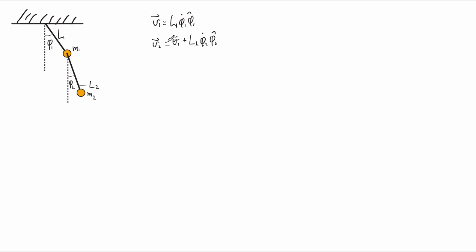It's not entirely easy to work with these, but we don't have to, because we're trying to calculate the kinetic energy, so we can just work with the squares of these. And we know that the square of v1 is then just going to be L1 squared, phi 1 dot squared, and the square of v2 will be slightly more complicated because it is just this.